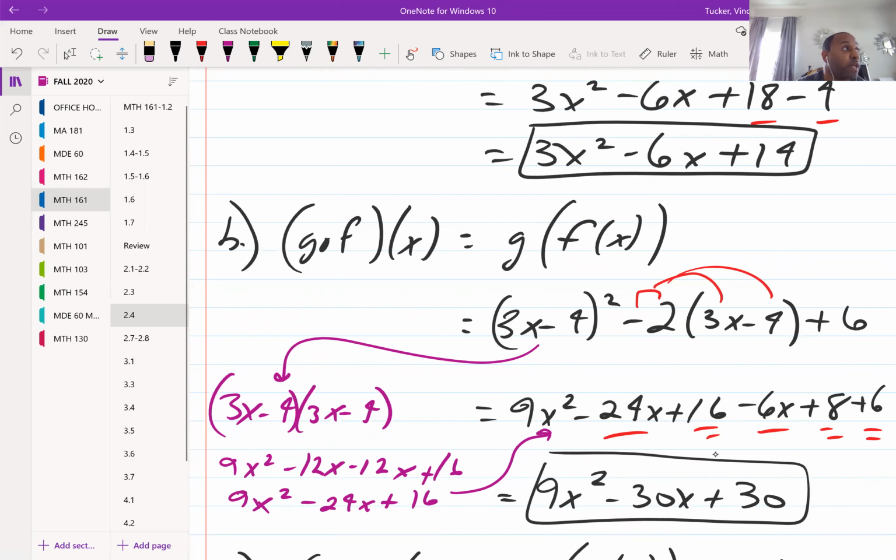All right, so FOILing out 3x minus 4 times 3x minus 4 will give you 9x squared minus 24x plus 16. Distribute the negative 2, that'll be negative 6x plus 8, and then you still have the plus 6 in the back. From there, combine your like terms. Negative 24x and negative 6x gives you negative 30x.